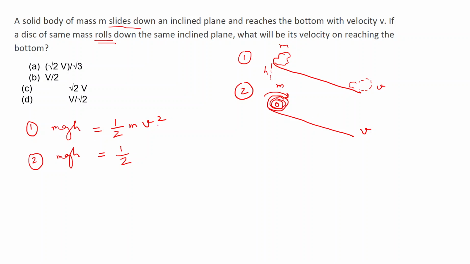So for the second body, the equation will be half I omega square plus half m. Mass is same, height is same, that is fine.